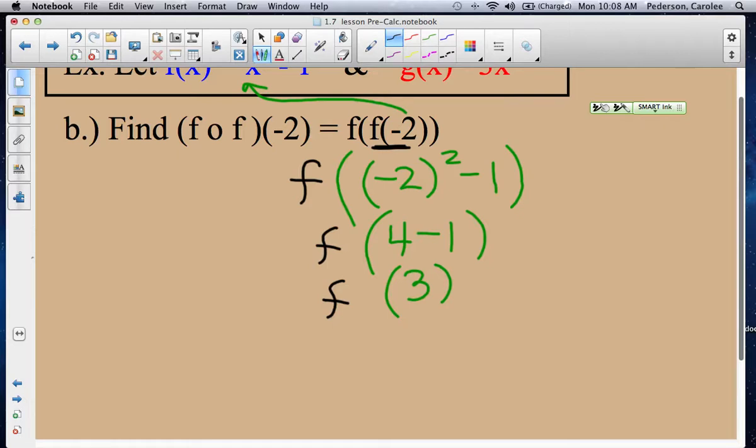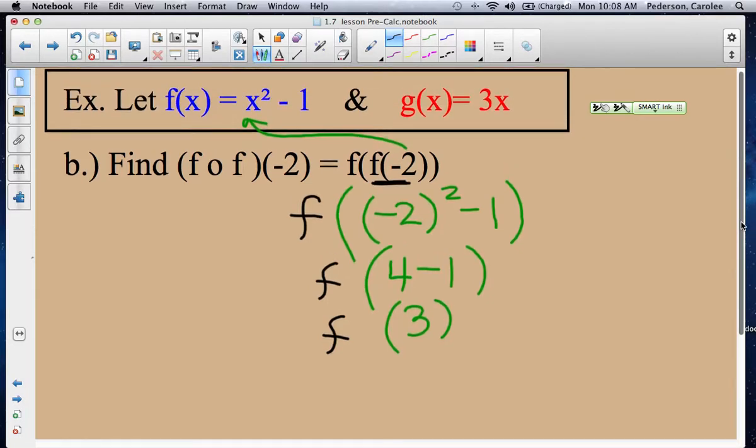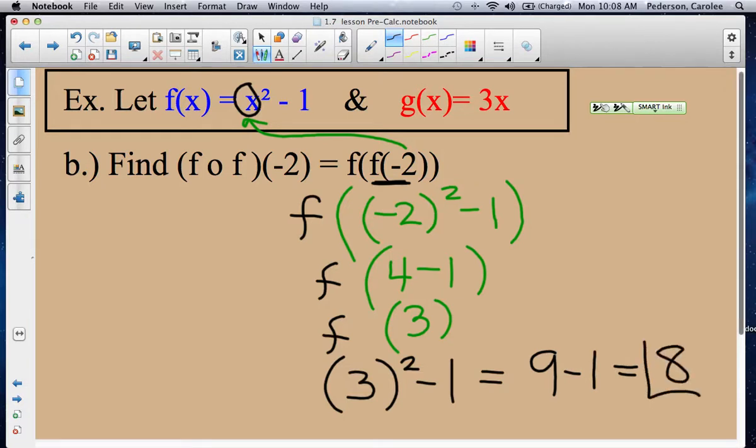So we go back up to that f function again. And now we're going to substitute 3 right there. Evaluate it a second time now for 3. So 3 squared minus 1 is 9 minus 1, which is 8.